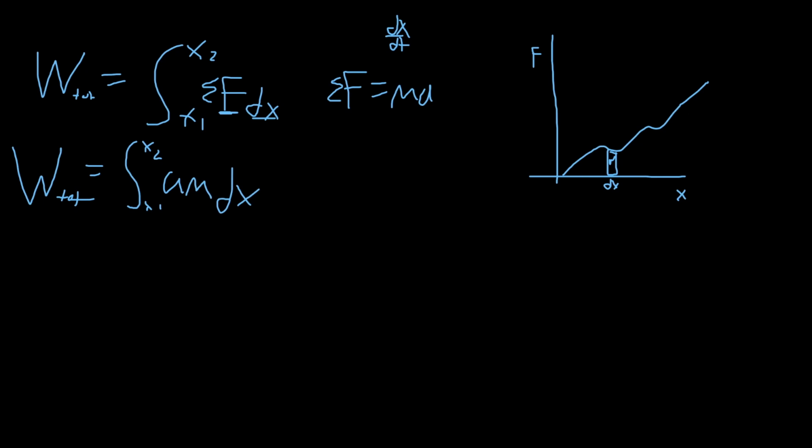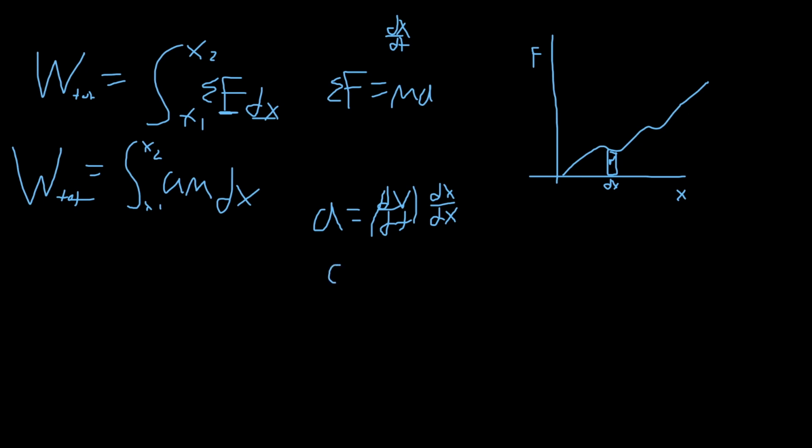We will need to substitute it out, and we'll use the chain rule to write it in terms of velocity. We write acceleration equals dv over dt, as we remembered, and we multiply this by dx over dx, which gives dx over dt, and that's our velocity.